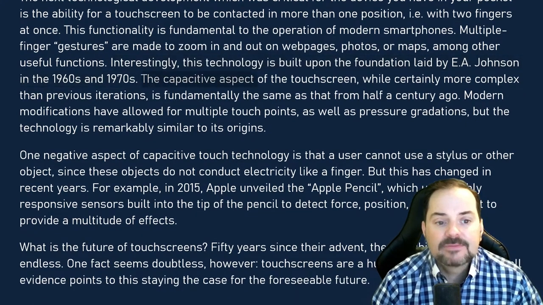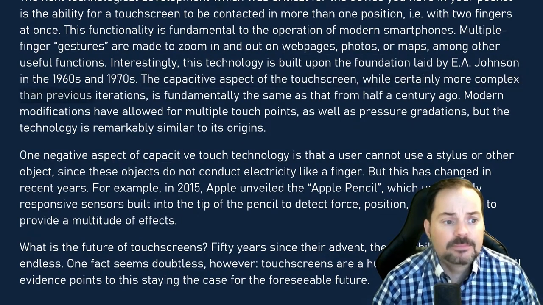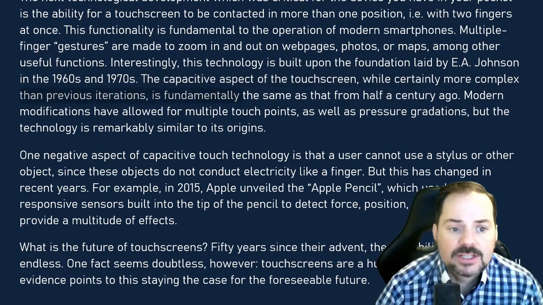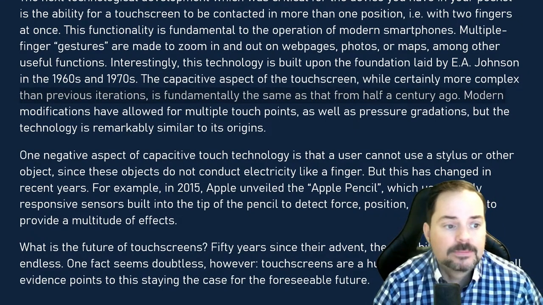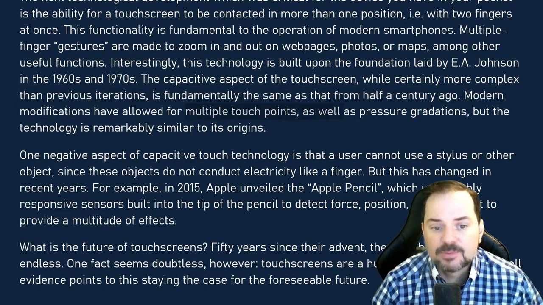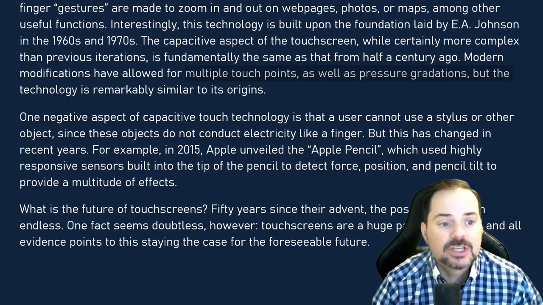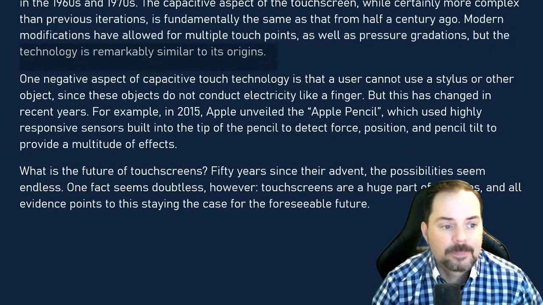The capacitive aspect of the touchscreen, while certainly more complex than previous iterations, is fundamentally the same as that from half a century ago. Modern modifications have allowed for multiple touch points as well as pressure gradations, but the technology is remarkably similar to its origins.